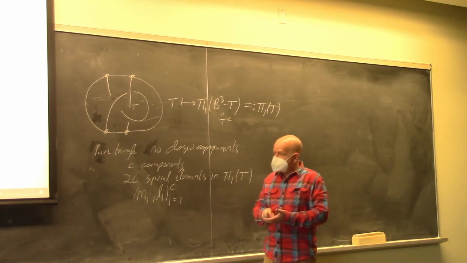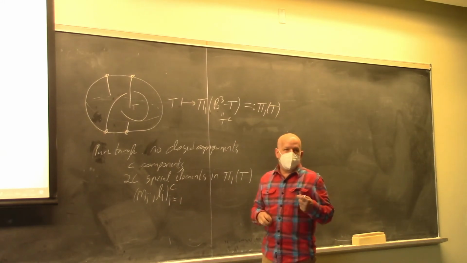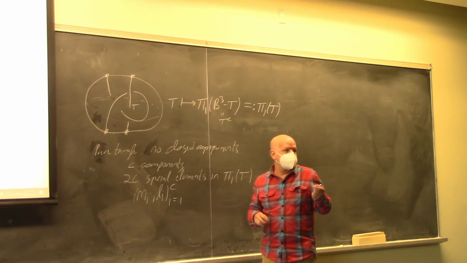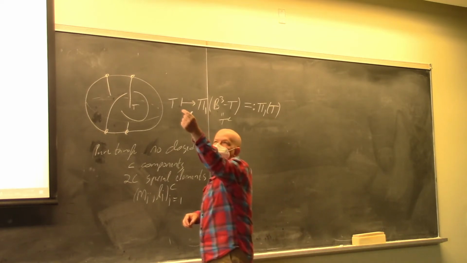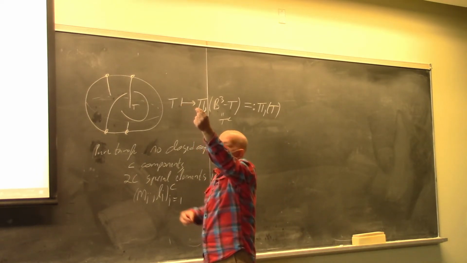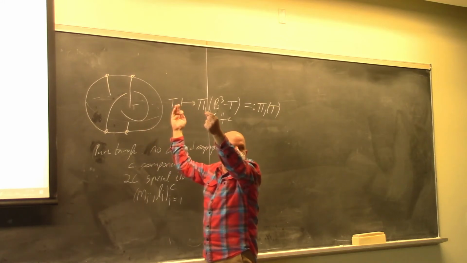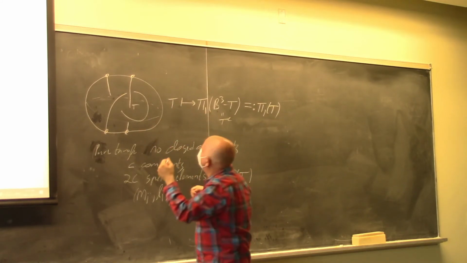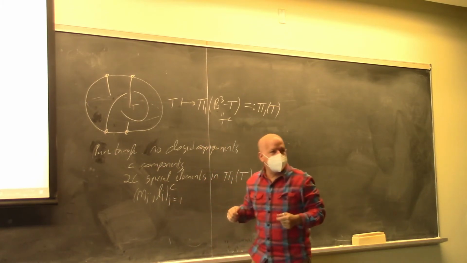Okay? So first of all, to draw them, I need to find a base point. So the base point will be here, perpendicular to the drawing. So if you want, it's my eye. It's when I look at it, it's my eye. Okay?